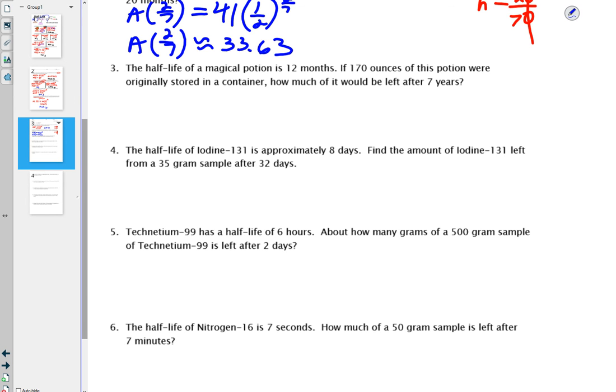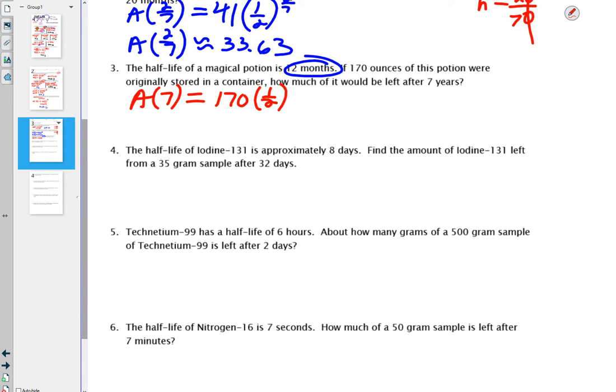Okay, so because the half-life happens to be exactly 1 year, how many years are there in 7 years? 7. So there's 7 half-lives. So the amount after 7 half-lives is equal to the 170 that's there originally times the magic 1.